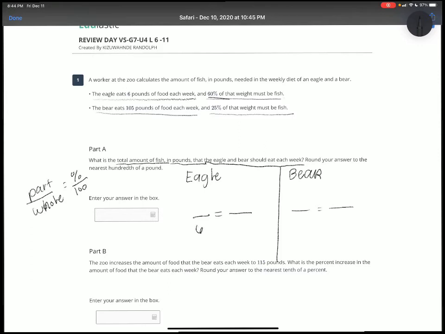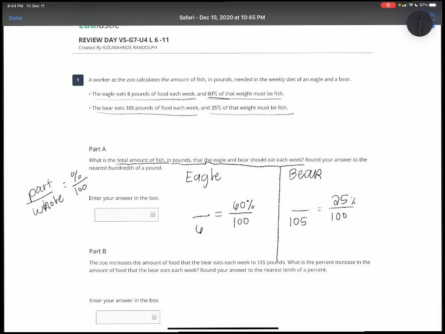So this is going to be 6. We don't know the part just yet that's supposed to be fish, but we know that it's 60%, and then we know it's 100. For the bear, the whole is the total amount of food they eat each week, and 25% is going to go over 100. I really don't need those percent symbols, but I just want to show you guys that that is the percent.